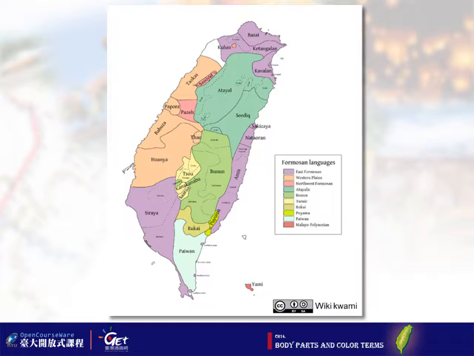Okay, I'll show you. This is the distribution of all the Austronesian languages, and you can see it's all in these Pacific Ocean areas, because Austronesian refers to the South Island. Okay, 南岛语, Southern Island. So it covers widely in the world, and it also constitutes 1/5 of the languages in the world.